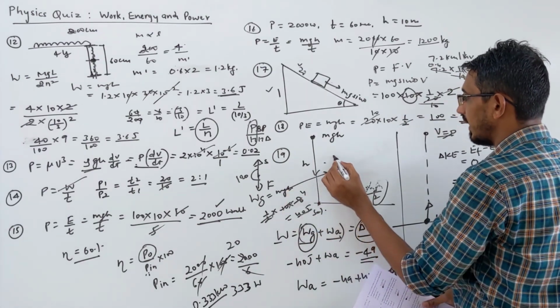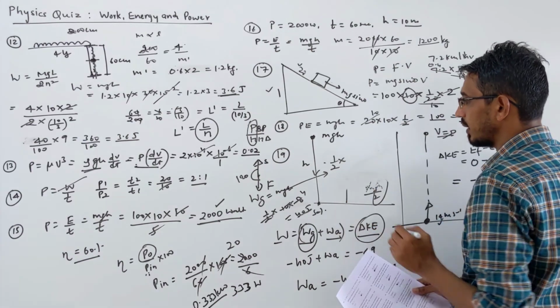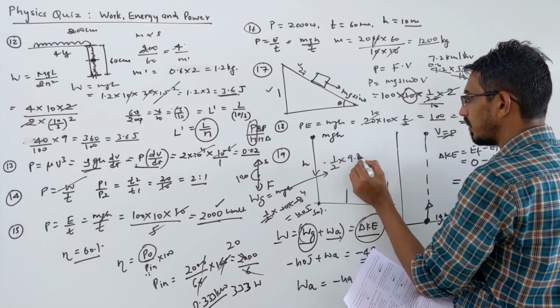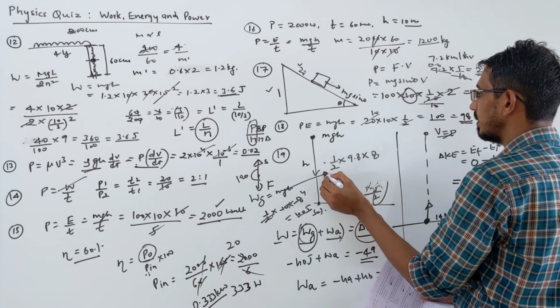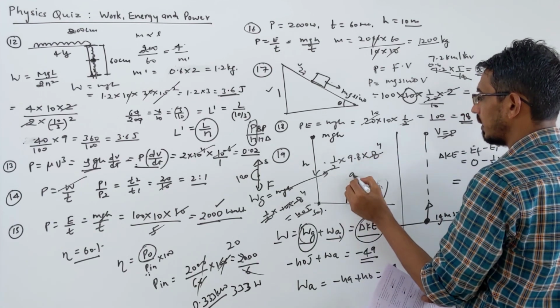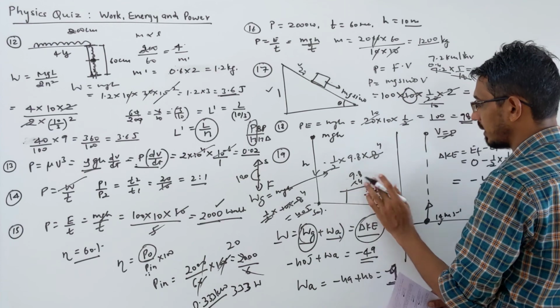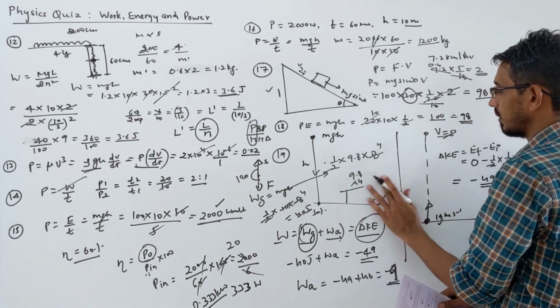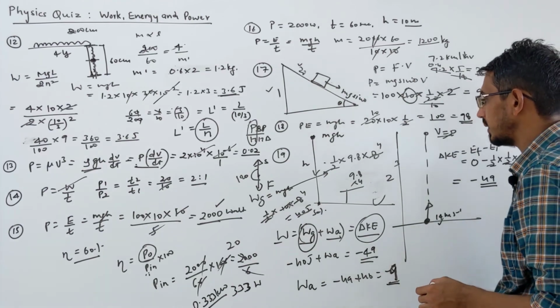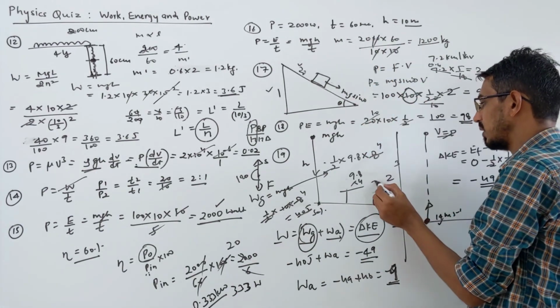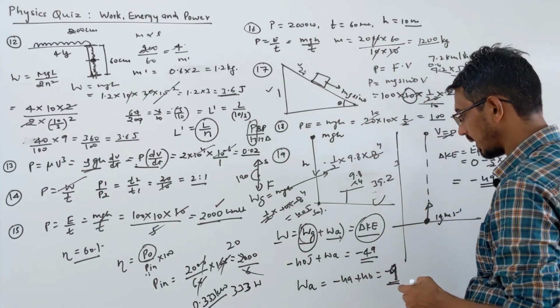M is given 1 by 2 kg, g suppose I put 9.8, and the height is given 8, so this becomes 4. So we are getting 9.8 into 4. How much does that come? 32 plus 3 is 35, plus the carry, 36, so 39.2. So this much is coming exactly correctly.